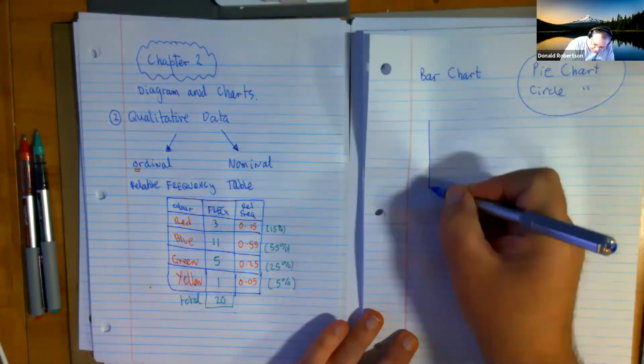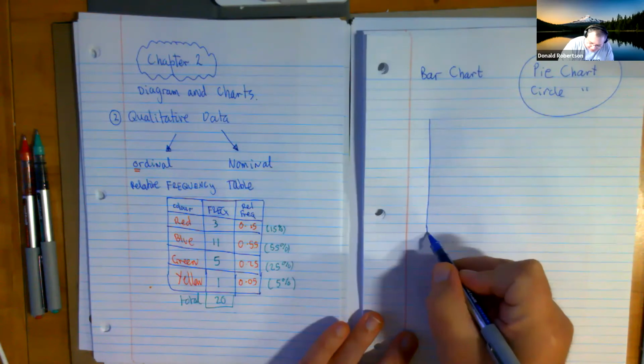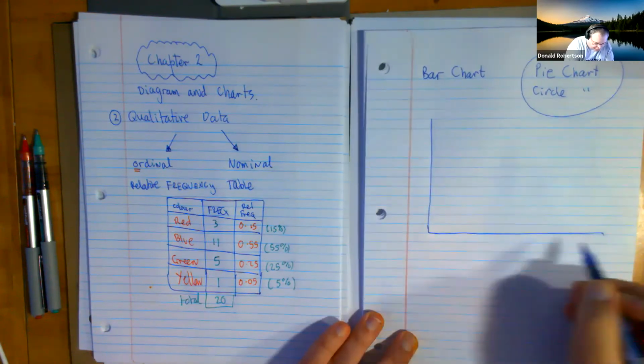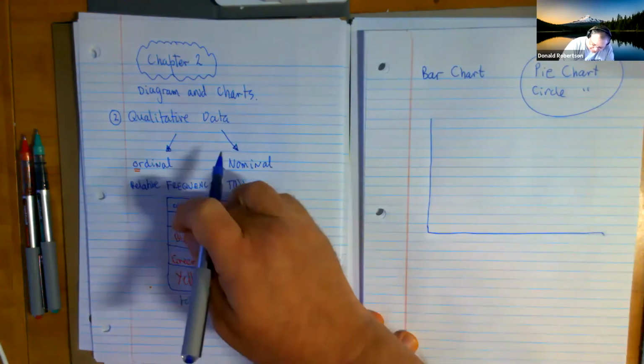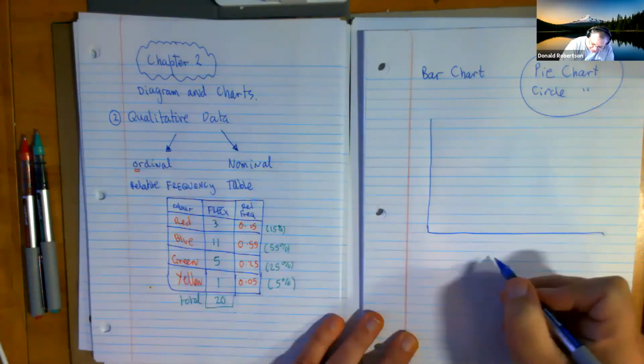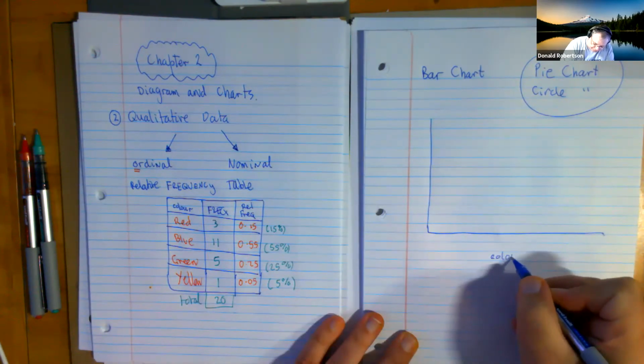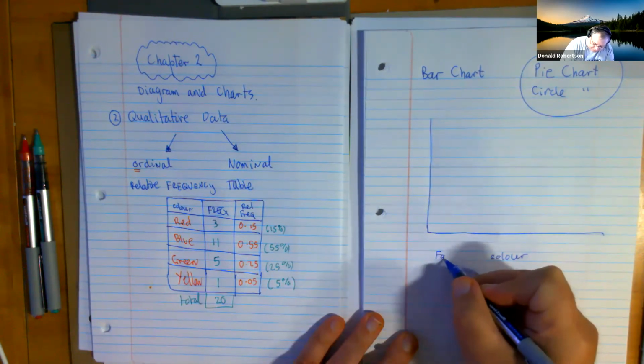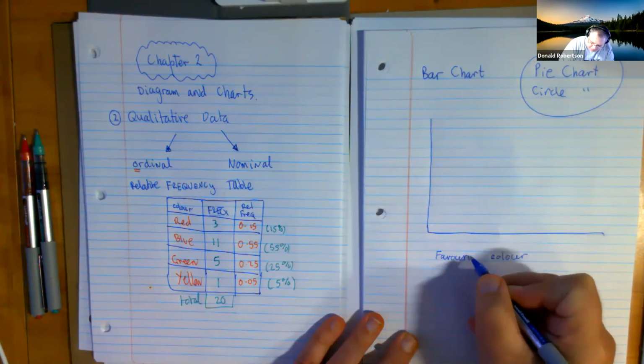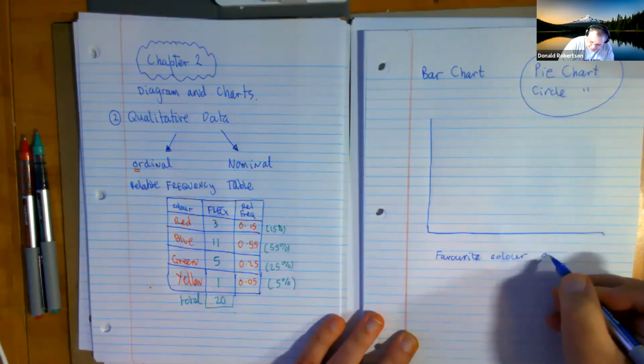You have horizontal and vertical axes. Along the horizontal, you typically put what the variable is. In this case, it's favorite color of children.